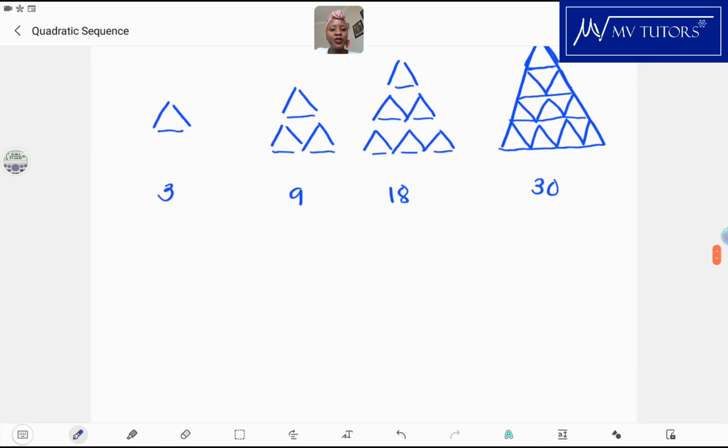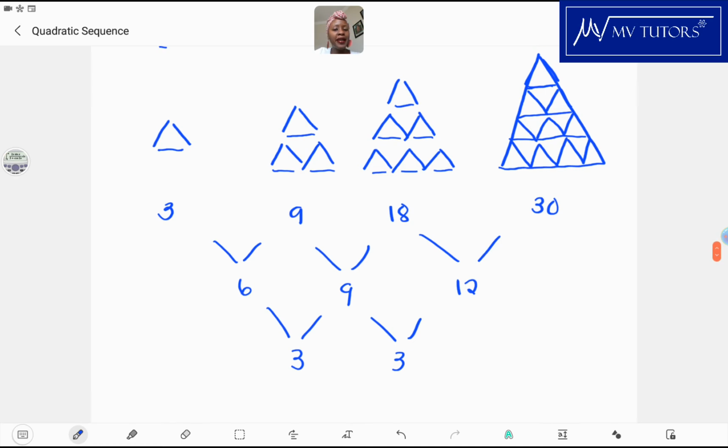So if you were to get the first difference, I have 6 here, I have 9, and I have 12. And then the second difference would be 3 and another 3. So if maybe you're in a competition and they ask, how many cards do you need if you were to stack 60 rows?